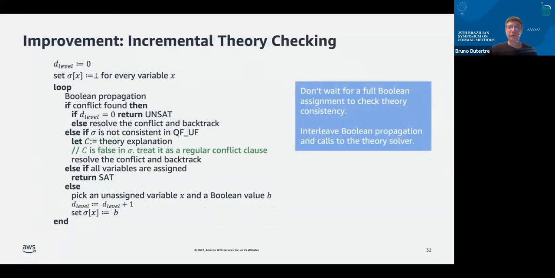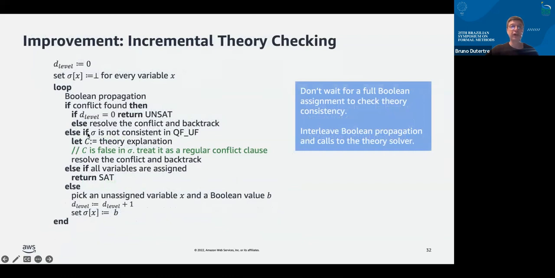Okay, so I assume you can all see that there is an obvious improvement, which is instead of waiting until you get the full Boolean assignment, you check consistency in the theory incrementally. So this is this variant here. The only thing is I have switched these two conditions here.